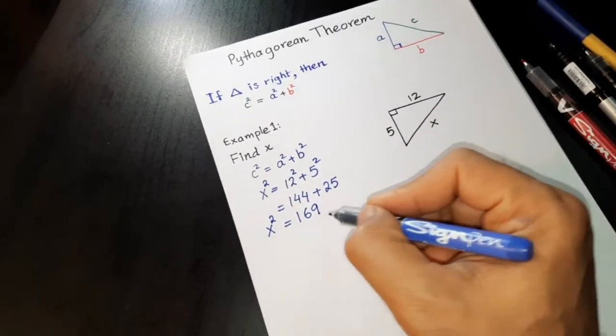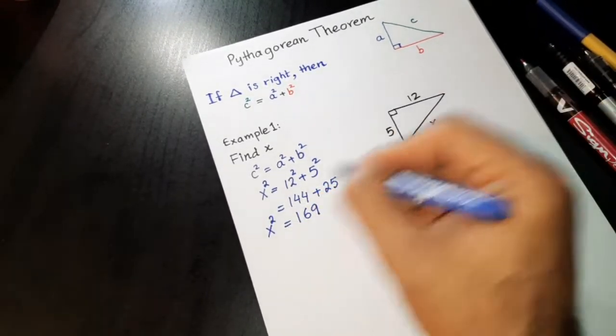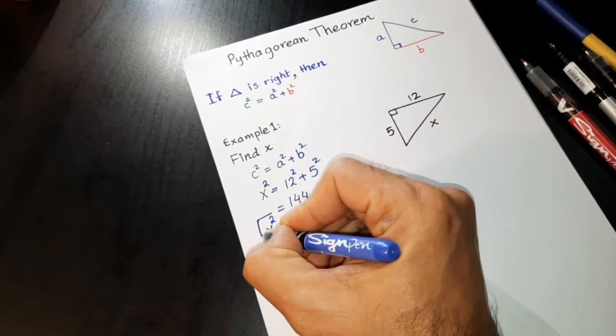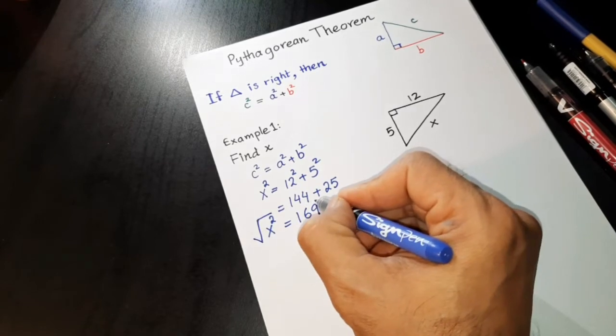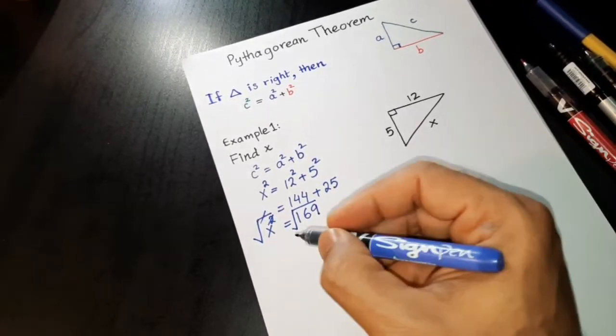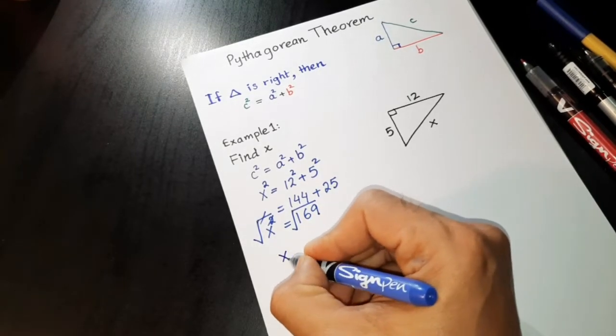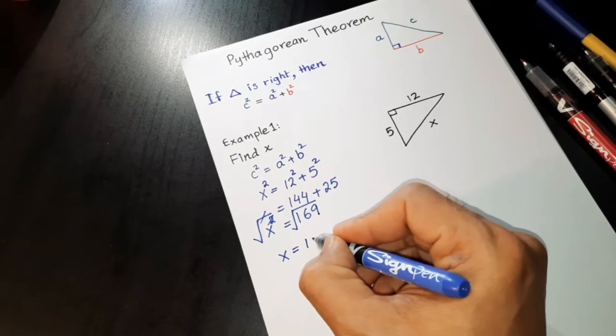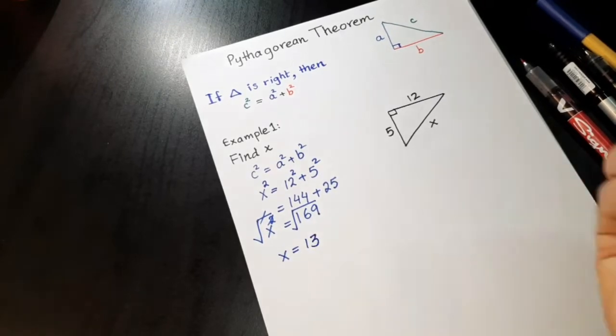But we have to find x, not x squared, and this time we can take a square root to get rid of the square on both sides. Square and square root, you know that they will cancel, and x is equal to the square root of 169. Use your calculator. It is equal to 13.